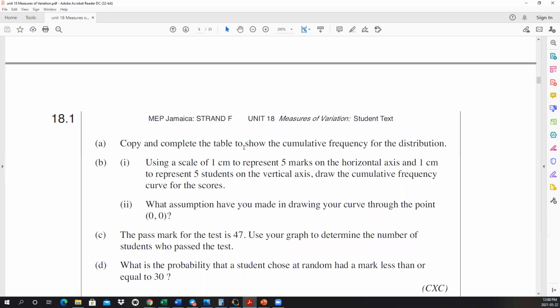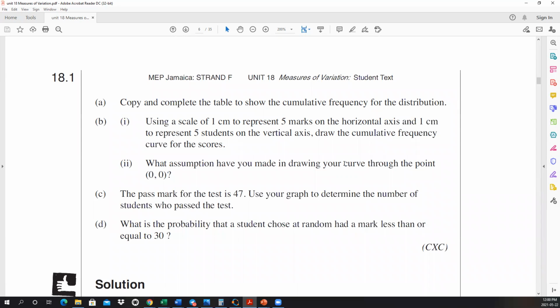Copy and complete the table to show the cumulative frequency for the distribution using a scale of 1 centimeter to represent 5 marks on the horizontal axis and 1 centimeter to represent 5 students on the vertical axis. Draw the cumulative frequency curve for the scores. What assumption have you made in drawing your curve to the point 0, 0? The pass mark for the test is 47. Use your graph to determine the number of students who pass the test.